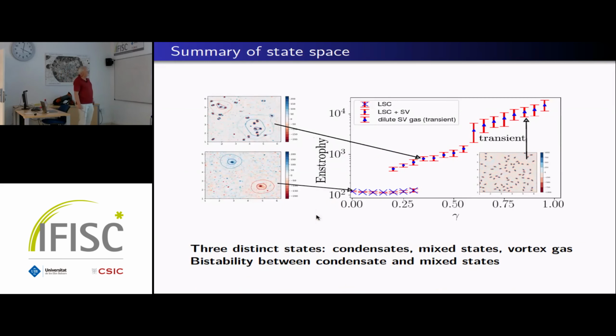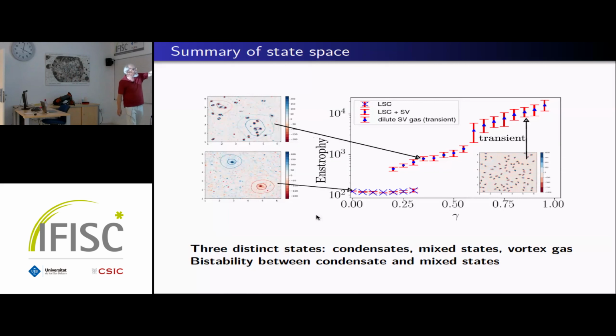So here's a summary of the regime diagram. We're plotting the entropy as a function of that parameter gamma I introduced in the forcing. When gamma is 0, you get this condensate state that I mentioned already. Then this gives way to this kind of mixed state with small scale vortices embedded in the large scale structure.